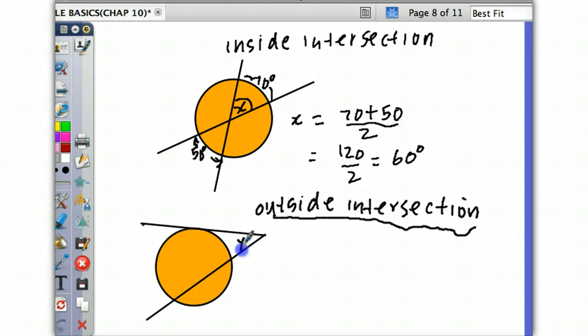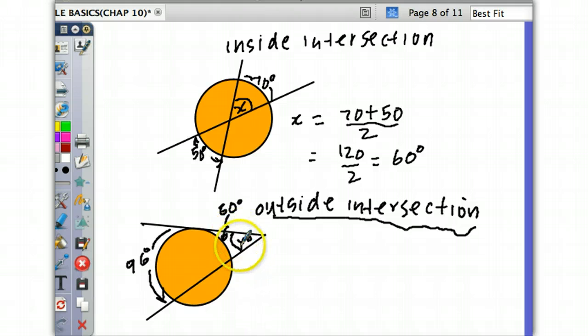Let's say the angle here is angle Y. And the major arc, the large part of the arc, let's say that's 96 degrees, and let's say the smaller arc here is 60 degrees.